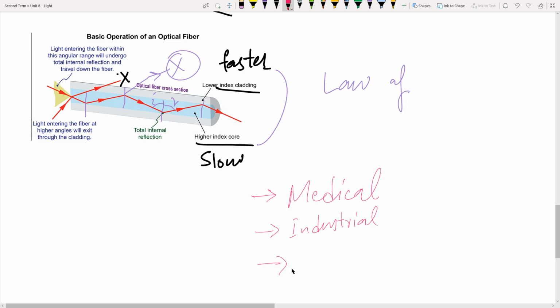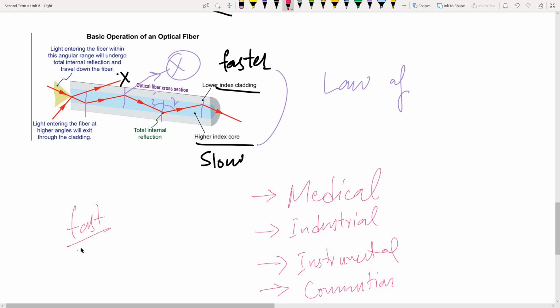And finally, we have instrumentation and communication. Instrumentation for engineering tools, we use optic fibers. And then communication, which is the GPON, the internet that we use, is also now delivered in optic fiber. And why is it extremely fast?